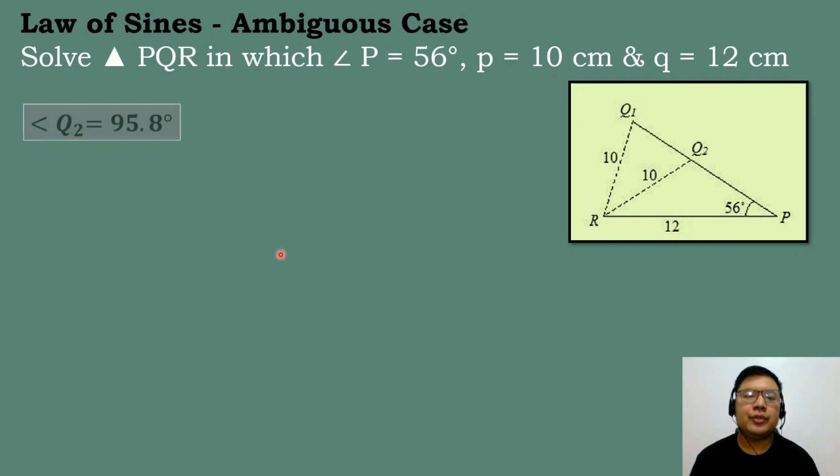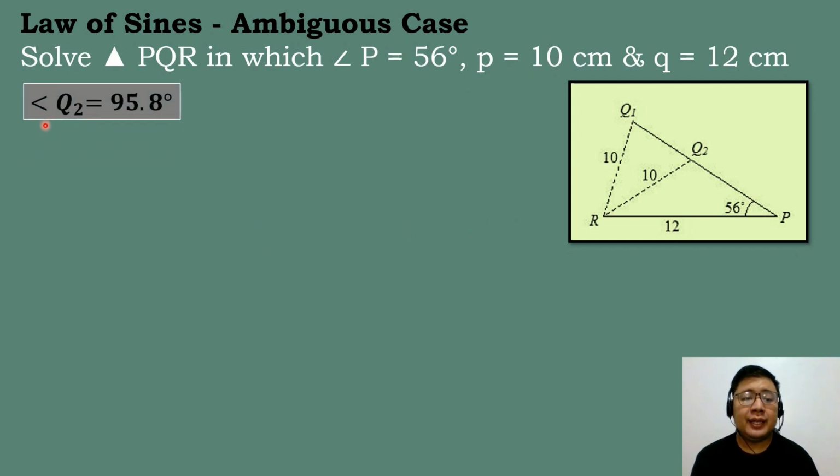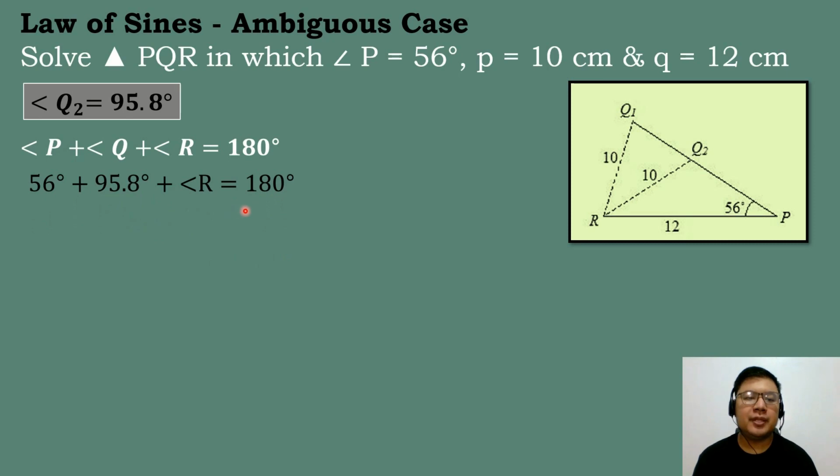Now, how about if we use angle Q sub 2, which is equal to 95.8 degrees? We will be using the formula angle P plus angle Q plus angle R is equal to 180 degrees. Substituting the corresponding values, angle P again is 56 degrees, angle Q sub 2 is 95.8 degrees, plus angle R is unknown, equals 180 degrees.